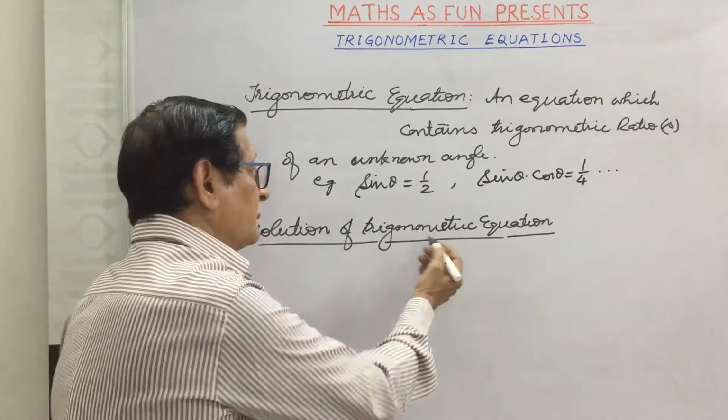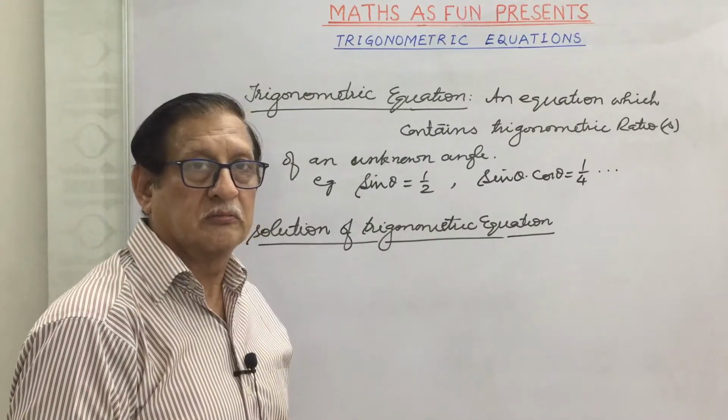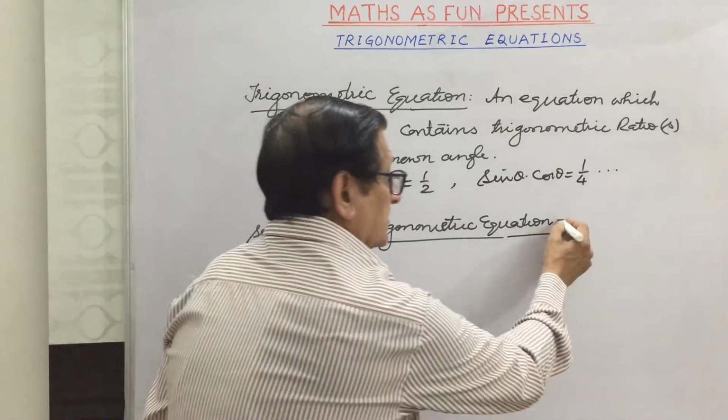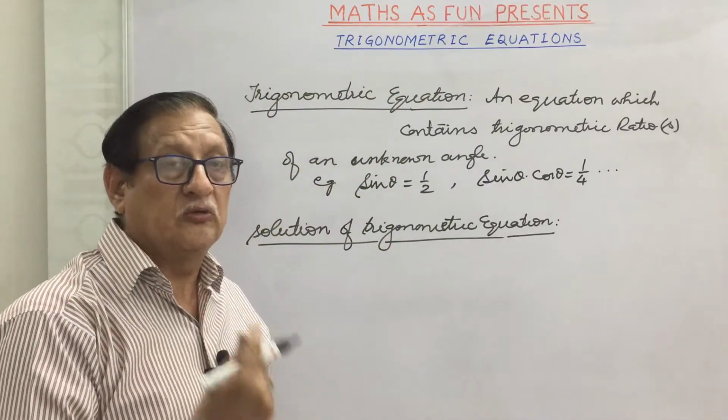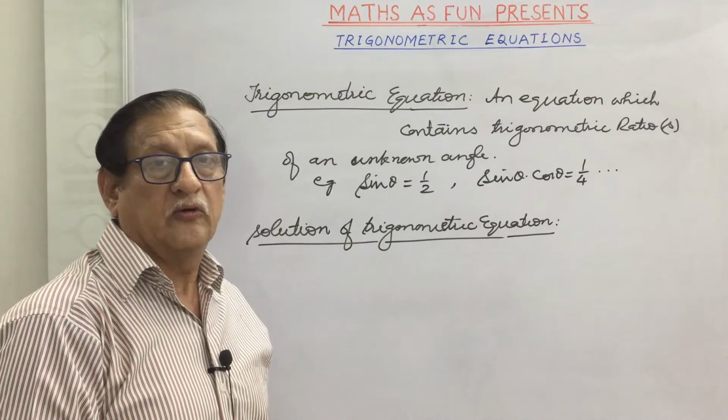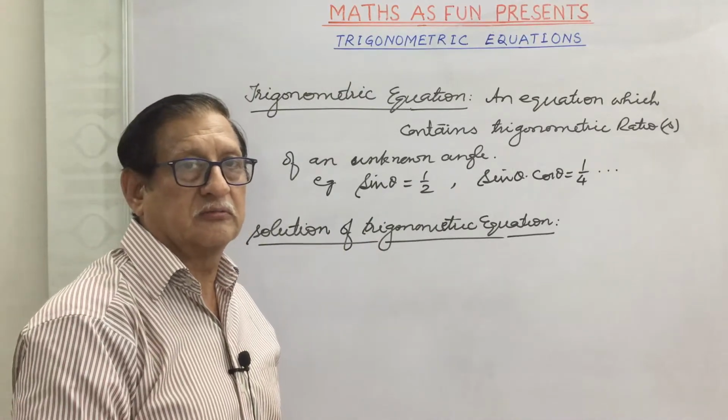Then what is the meaning of solution of a trigonometric equation? The solution or root of a trigonometric equation is the value of the angle which satisfies the given equation.